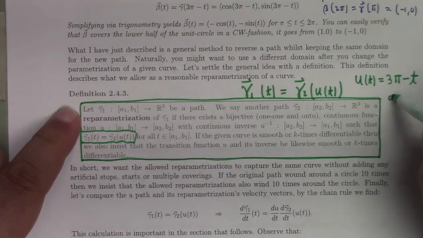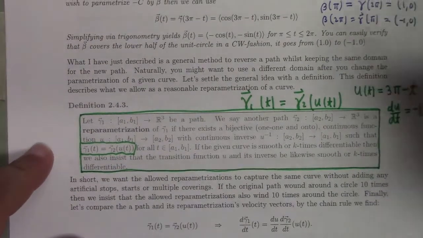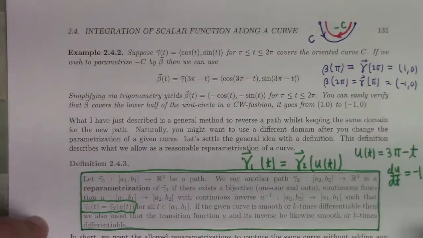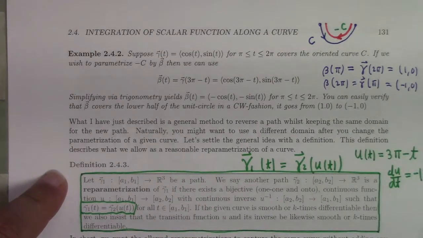Right, and so du dt is minus 1, which goes to show you that c versus minus c are oppositely oriented.